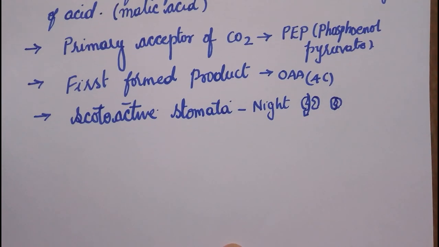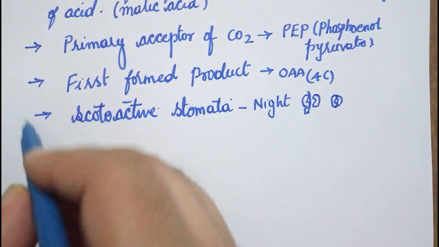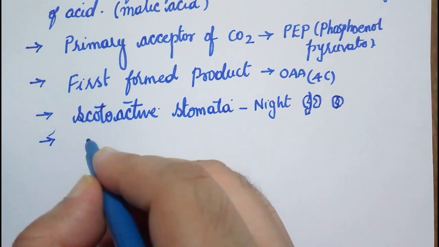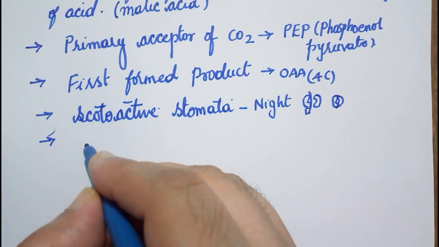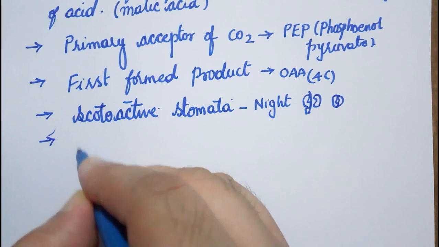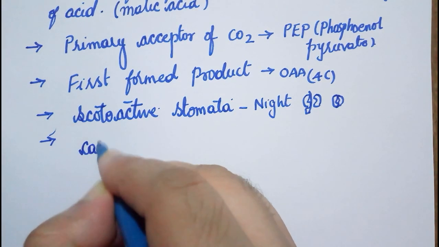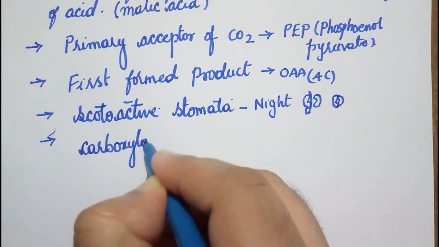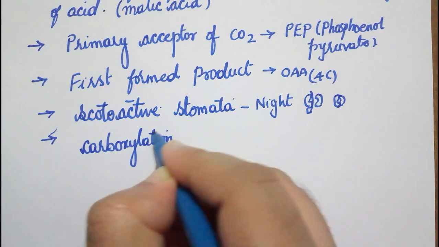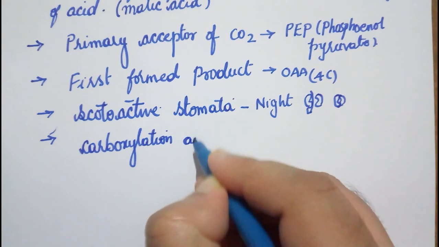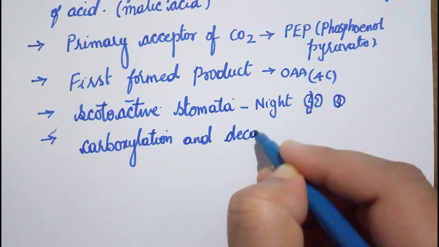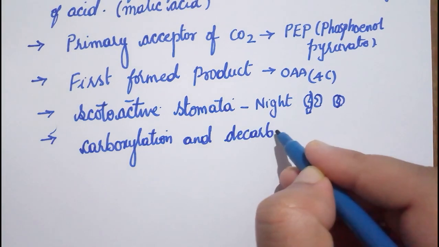Next, one important difference between the C4 pathway and the CAM pathway. In the CAM pathway, the carboxylation and decarboxylation steps are separated by time.